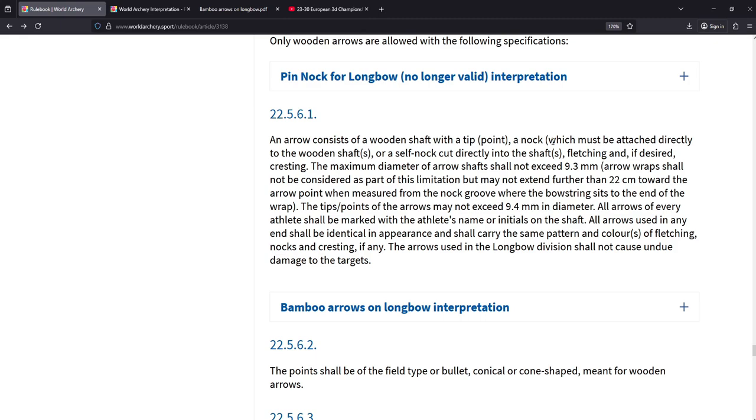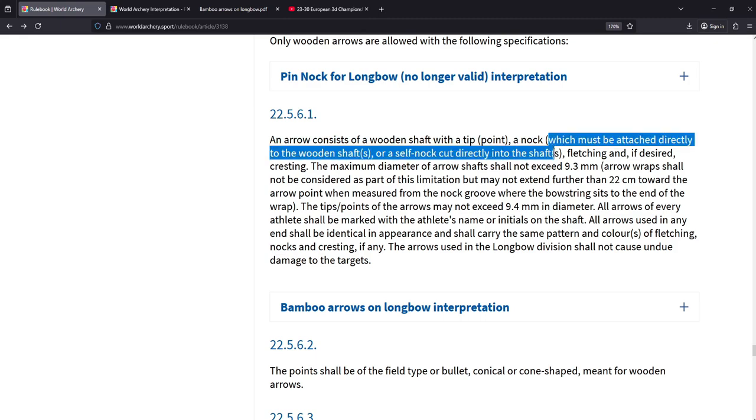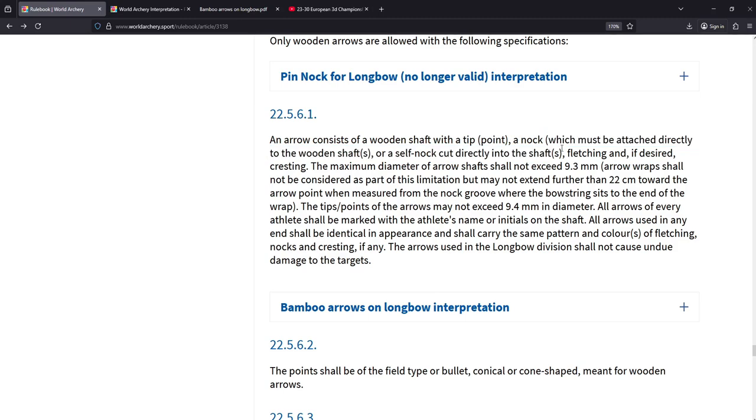So the nock doesn't have to be a self-nock. They're quite common, but you don't have to have them. But if you do have a nock, it must be attached directly to the shaft. Now, it doesn't specify what material the nock is made from, so I assume it can be a natural material or a plastic nock. But you must attach the nock directly on the shaft.